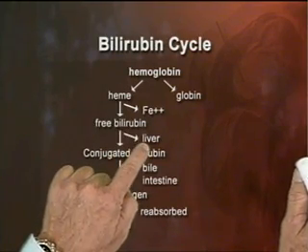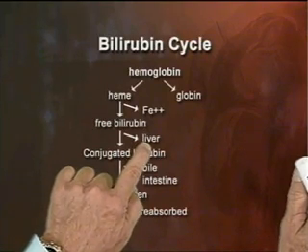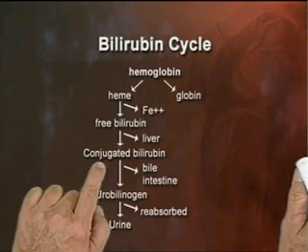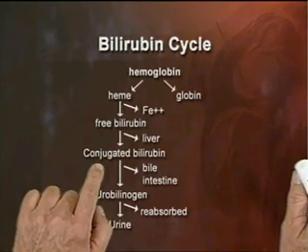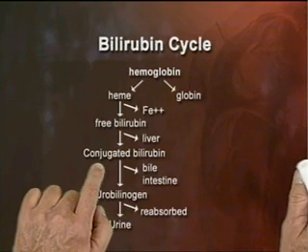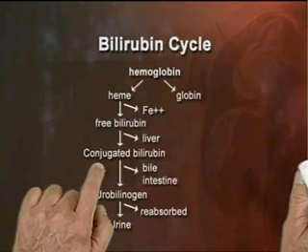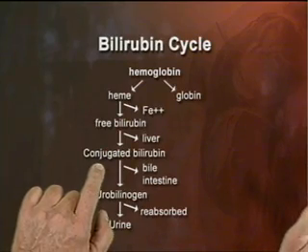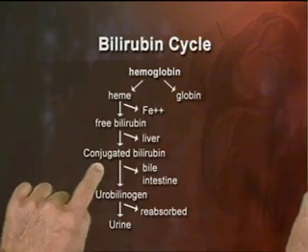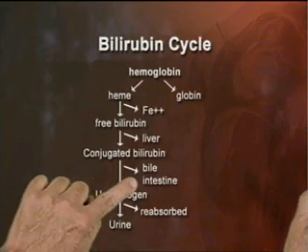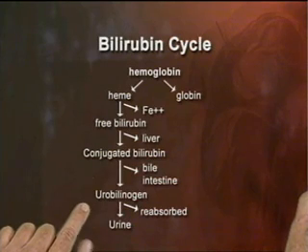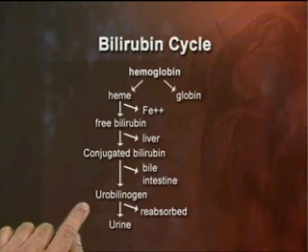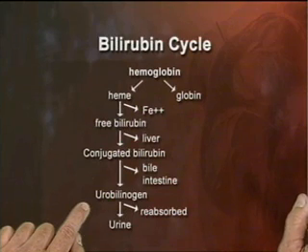But that goes through the liver cells and can actually be converted into what we call conjugated bilirubin, which is pretty soluble. This imparts a yellowish tint to the skin. And the conjugated bilirubin, some of it is actually secreted into the bile where it goes down into the small intestine. Bacteria in the small intestine will convert some of that conjugated bilirubin to a yellowish pigment called urobilinogen.